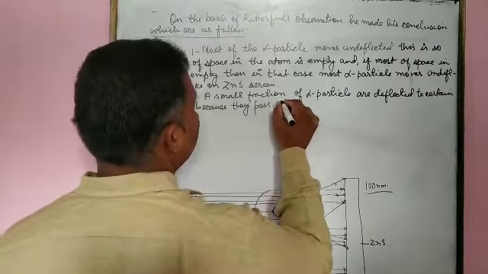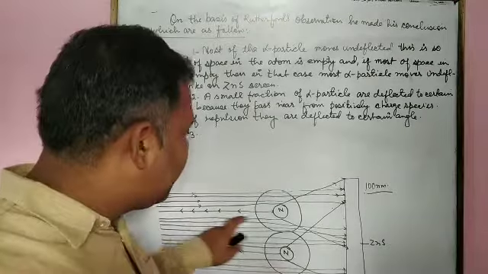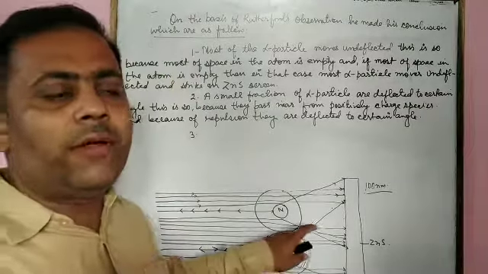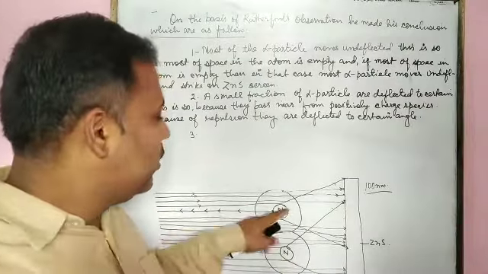The next, a very few alpha particles, that is 1 in 20,000. They are bounced back, it means they are deflected to 180 degrees. They are bounced back on the same path because they collide with the positively charged spaces.